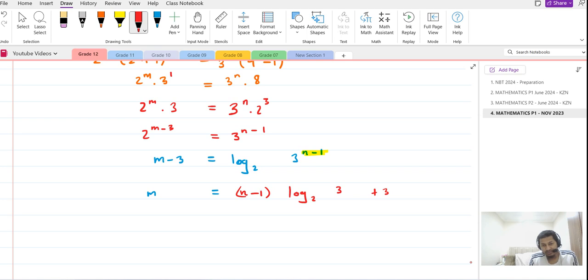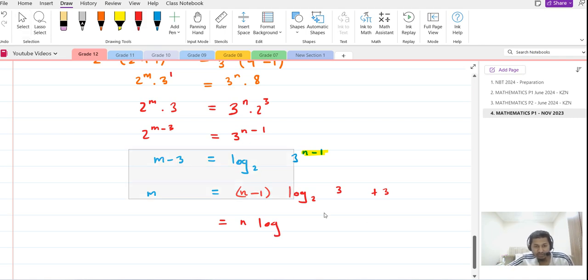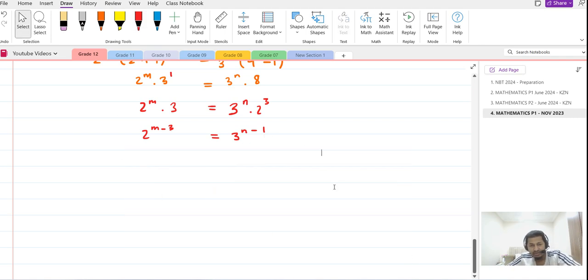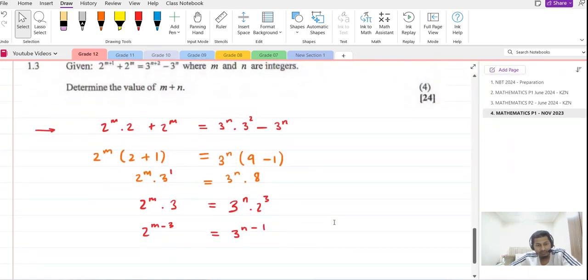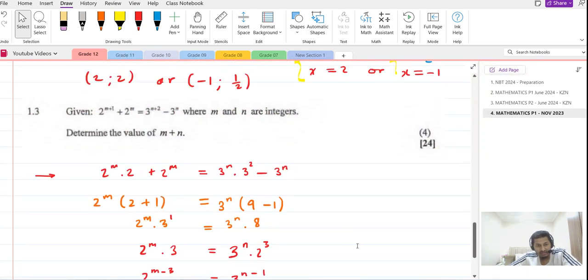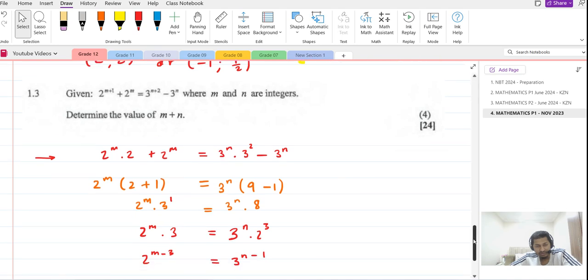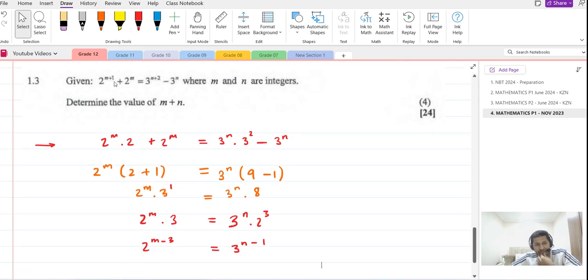Alright, so now if we open this first part out, we're going to get n log, no, we're going too far into this. Let's see what we have done wrong here. We have 2 to the power m plus 1 plus 2 to the power m equals 3 to the power n plus 2 minus 3 to the power n.